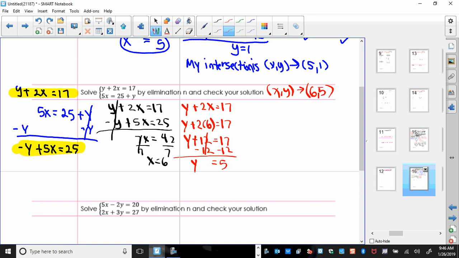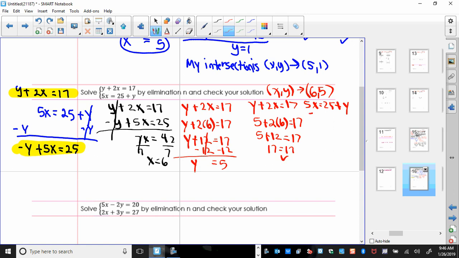So I arrange my two equations. I have y plus 2x equals 17. I have 5x equals 25 plus y over here. So y is 5 plus 2 parentheses 6 equals 17. 5 plus 12, does it equal 17? Well, 17 does equal 17.